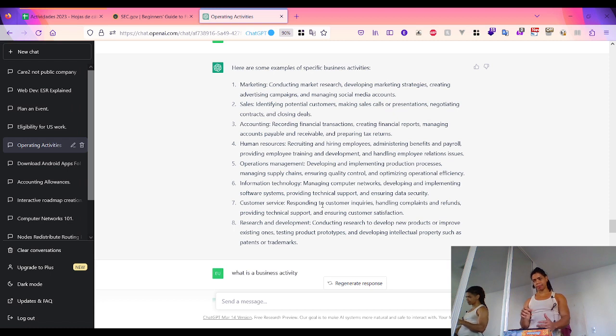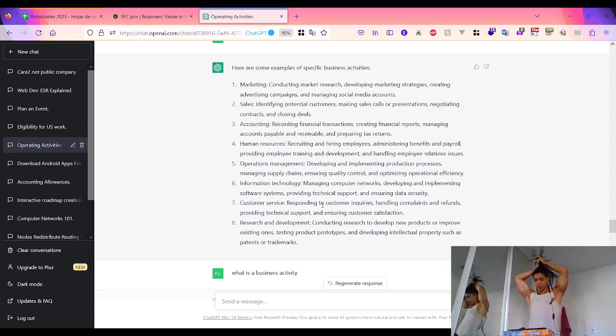Then I also look at the operations management, which is developing and implementing production processes, managing supply chain, ensuring quality control, and optimizing operational efficiency.